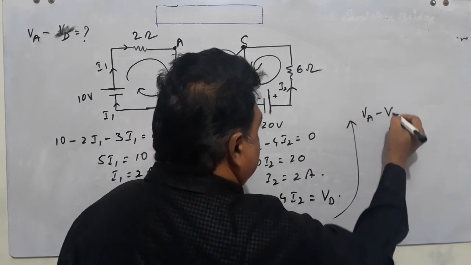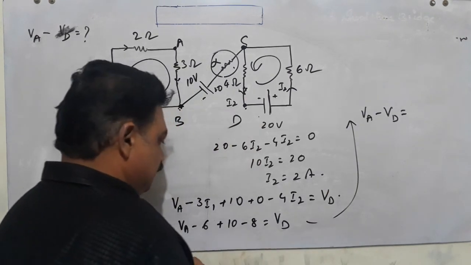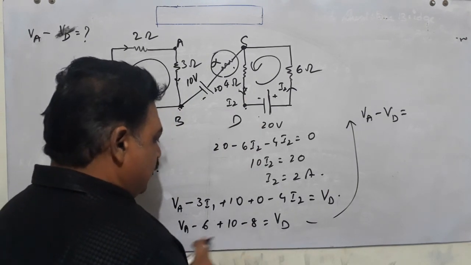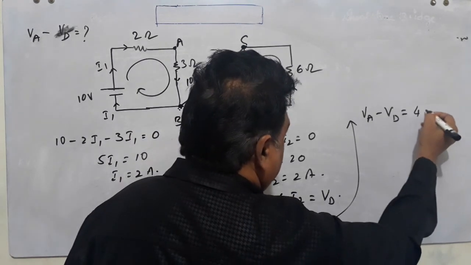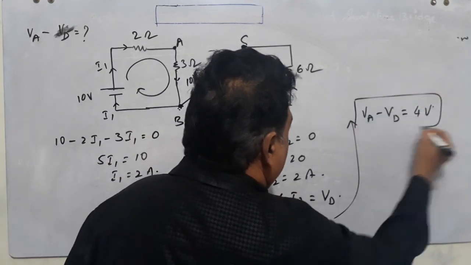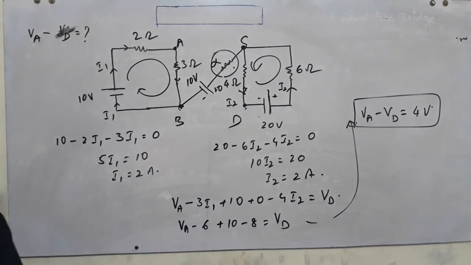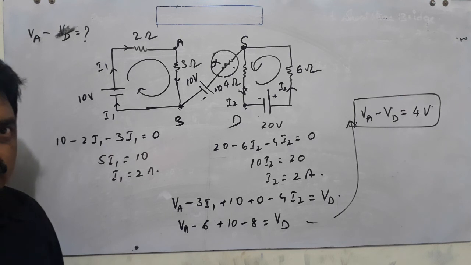VA minus VD is equal to minus 14 plus 10, that is minus 4. If you bring that to this side, 4 volt is the potential difference between the points A and D. And we will go through another solved example.